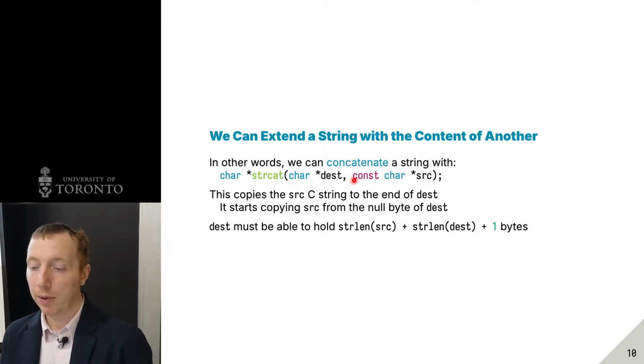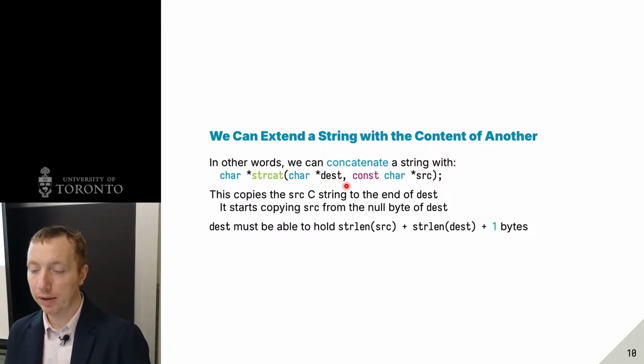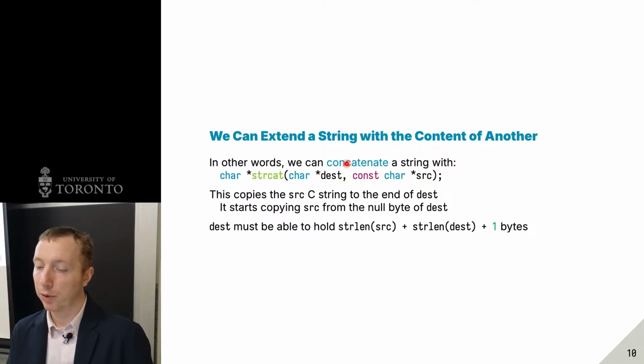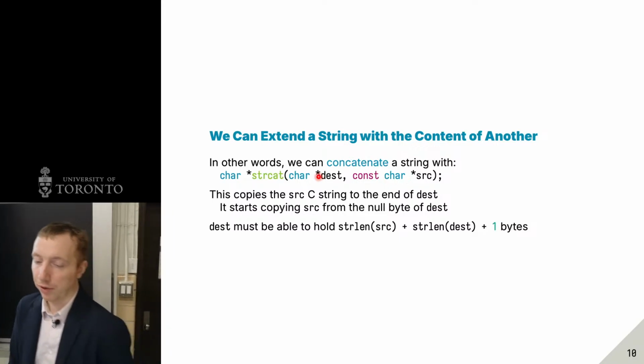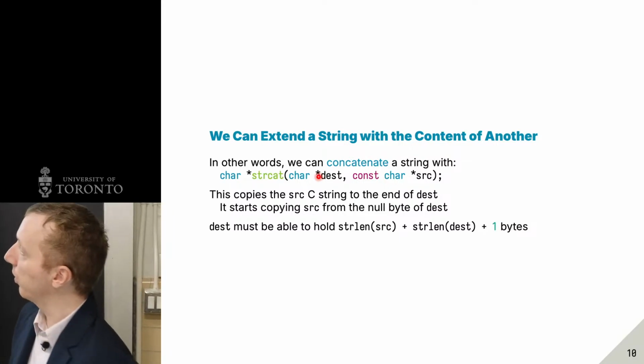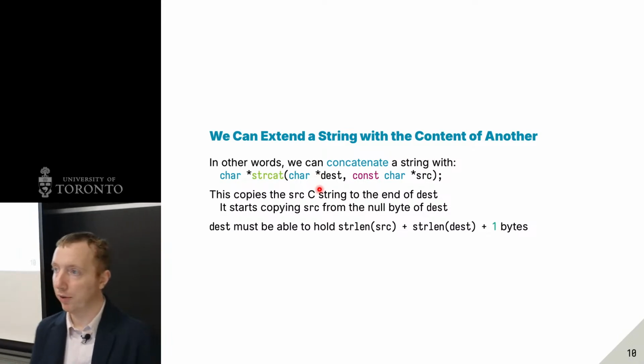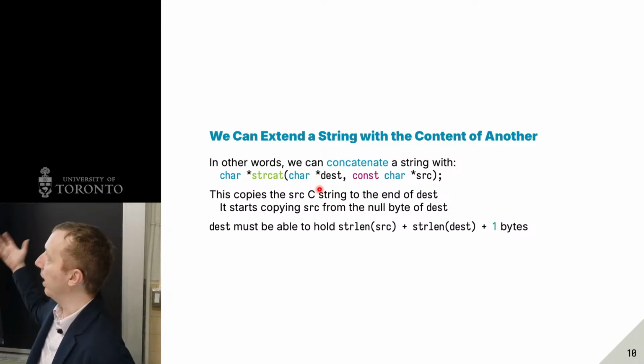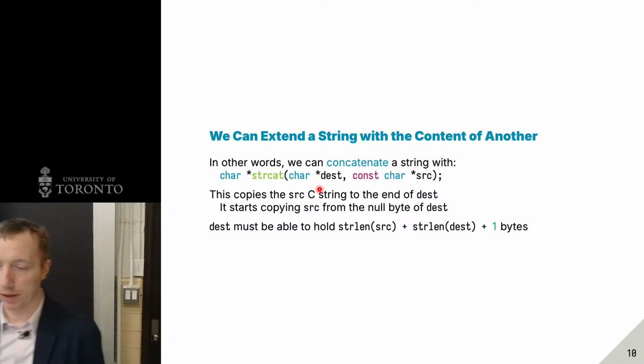So how it works is it copies the source string to the end of destination. It will start copying source from the null byte of destination and essentially add that source string onto the end of destination.